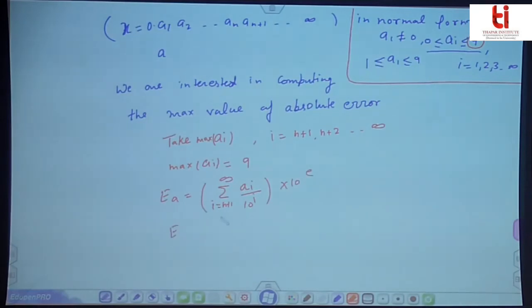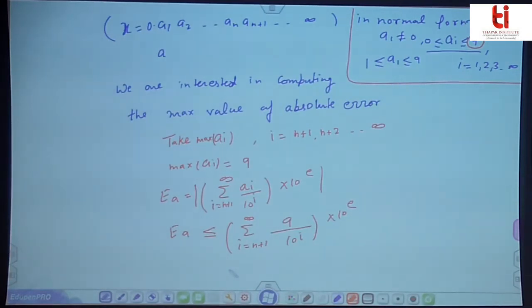Taking the whole thing in modulus, E(a) is less than or equal to the summation i equal to n plus 1 to infinity of 9 upon 10 raised to power i. All values are positive, and a_(n+1), a_(n+2) and so on are all replaced by 9.